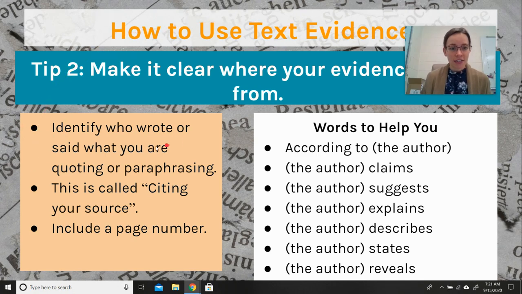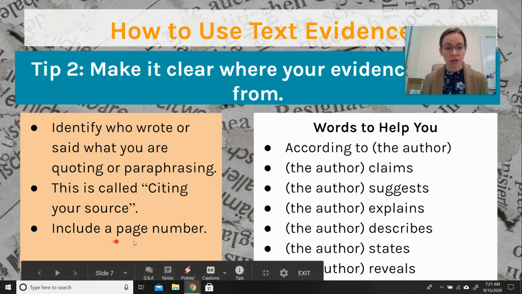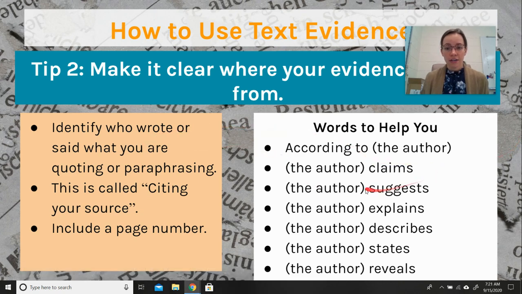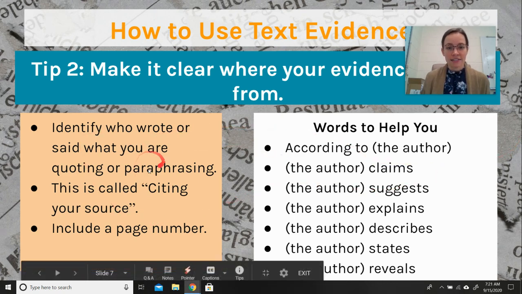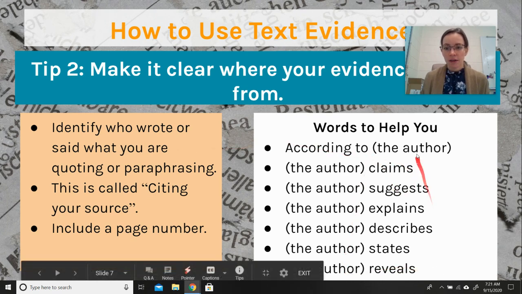You should identify in your writing who wrote or said what you will be quoting or paraphrasing, and that's called citing your source. And you should also include a page number when you're doing this. Here are some helpful sentence starters for introducing evidence that identifies your author and also gives a verb about what the author is doing in their writing.